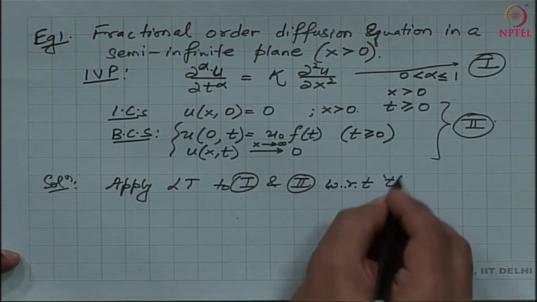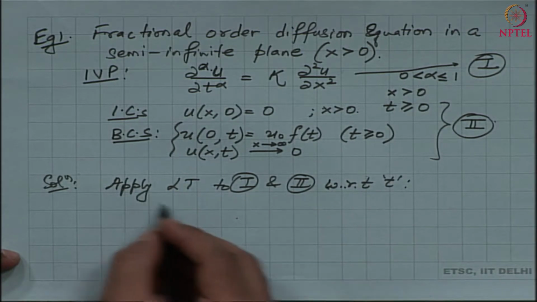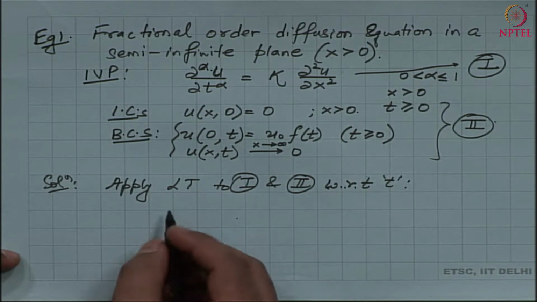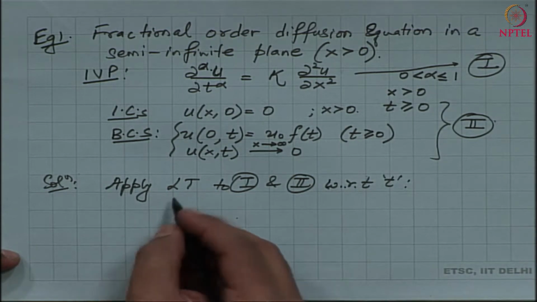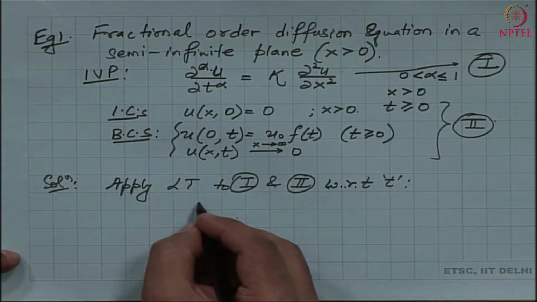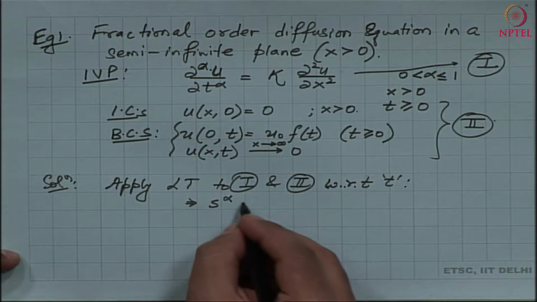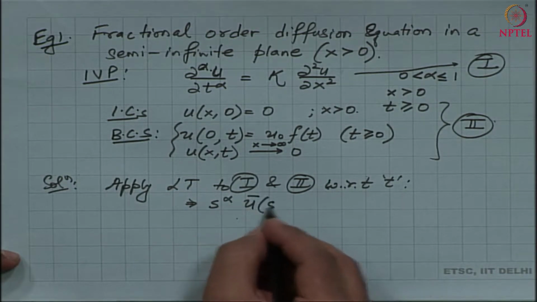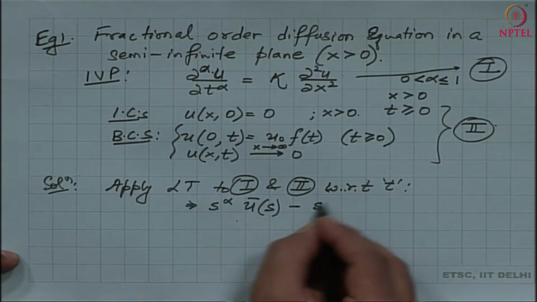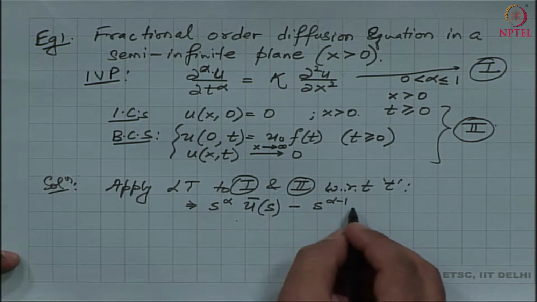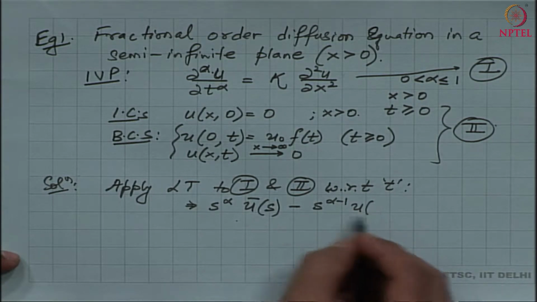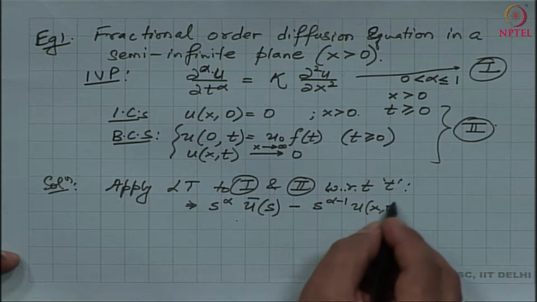I am applying the Laplace transform with respect to the variable t, and I get the following expression: s to the power alpha of u bar of s minus s to the power alpha minus 1 of u at x comma 0.